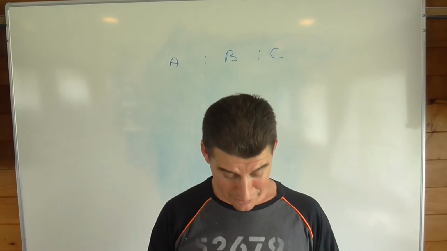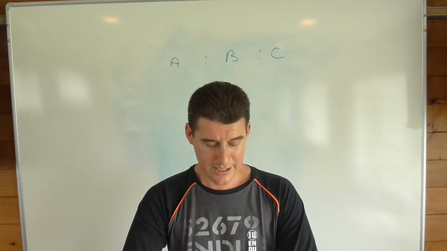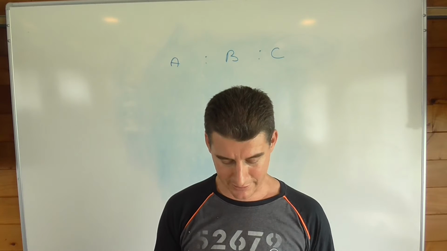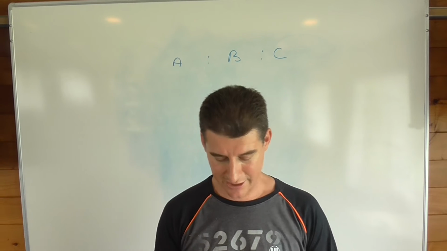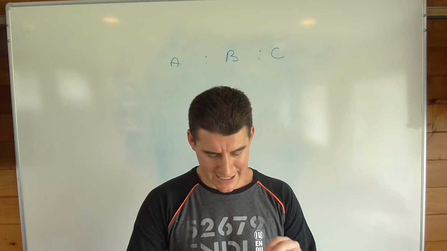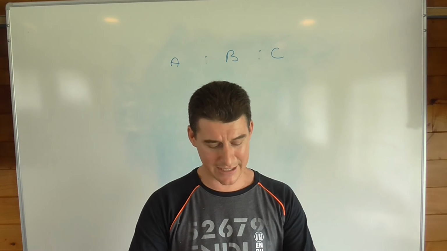Now that is a bit of a tricky one, all right? So let's read it again. Profits are shared between 3 partners, A, B, and C, in such a way that A receives twice as much as B, who receives 3 times as much as C.